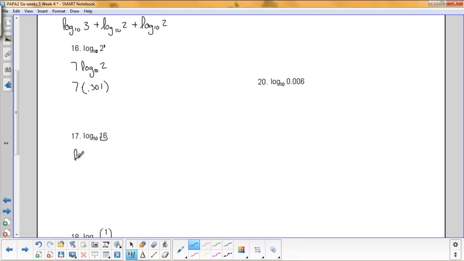So that's obviously going to be log base 10 of 2 to the 4th power. 4 times log base 10 of 2 can be substituted to 4 times 0.301, which gives you an answer of approximately 1.204.